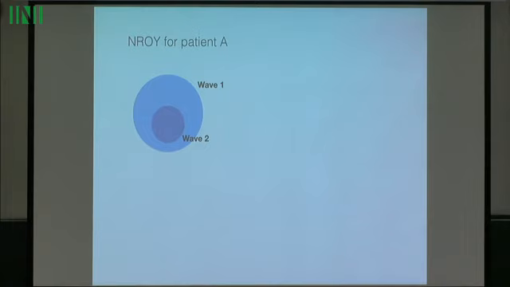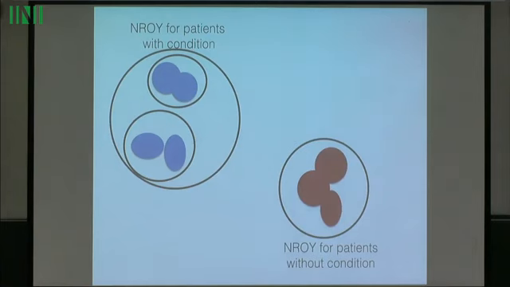So now I'm going to do NROI for my first patient, and I'm only going to show the results for the first patient, but we actually want to do NROI for the patients with the condition and without the condition, and hopefully when we do lots of patients, these will cluster into different clusters, and we can go and help doctors do that.